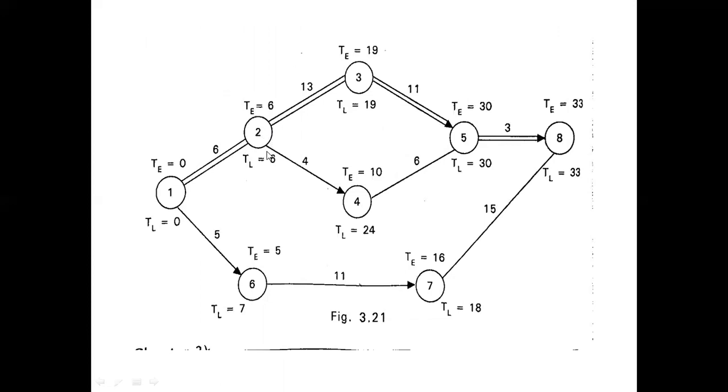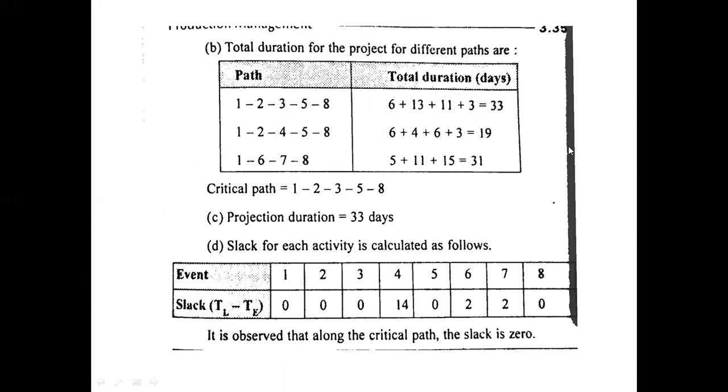For the second it is 0 and for the third it is 0. For the fourth one it is how much? 14. For the sixth it is 2 and for the seventh it is 2. And for the fifth it is 0 and for the eighth it is 0. So it is observed that along the critical path the slack is 0.